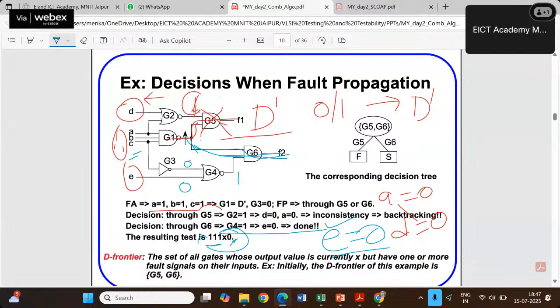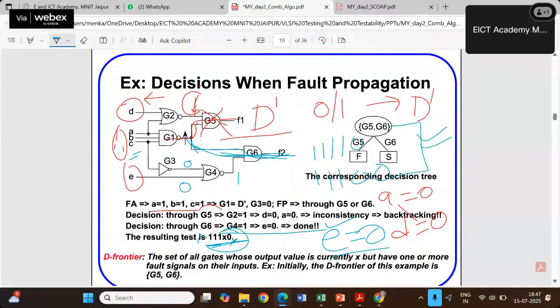For the path from G1 to F2, it doesn't matter what D was. So D is don't care. So we have two patterns for this particular thing: 1 1 1 1 0 and 1 1 1 0 0. These are the two test patterns I can have for this particular problem.